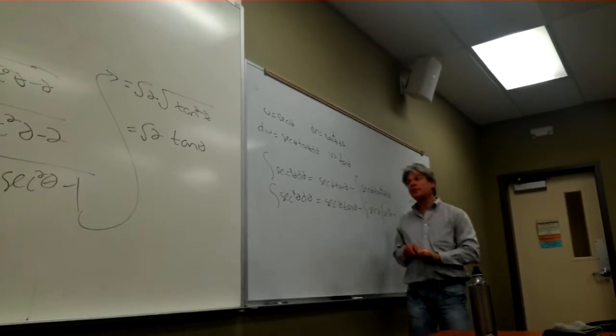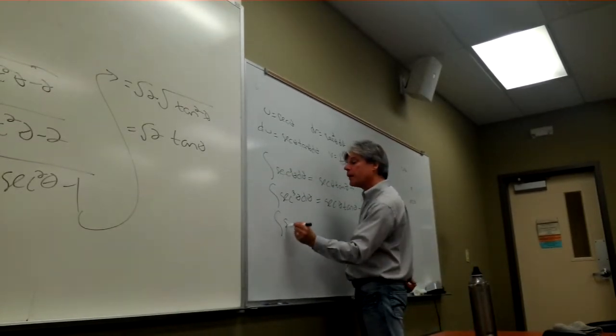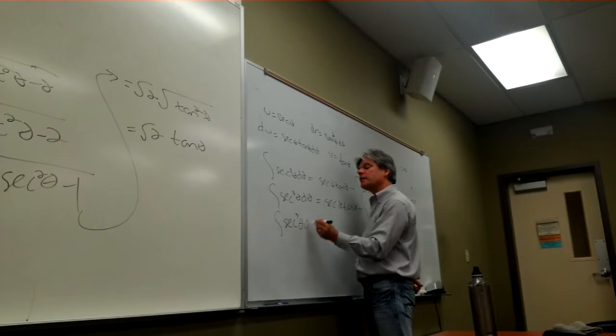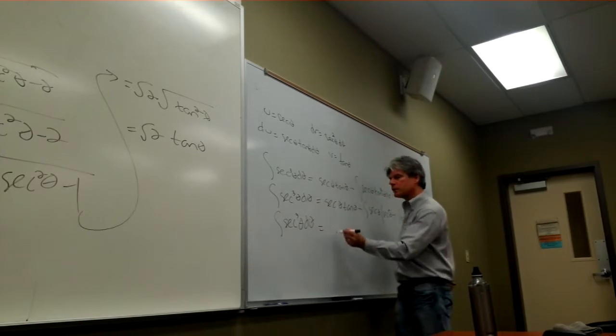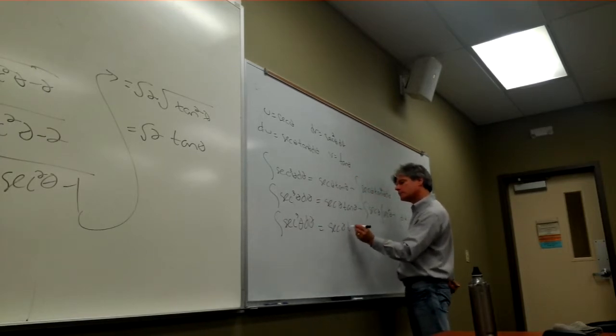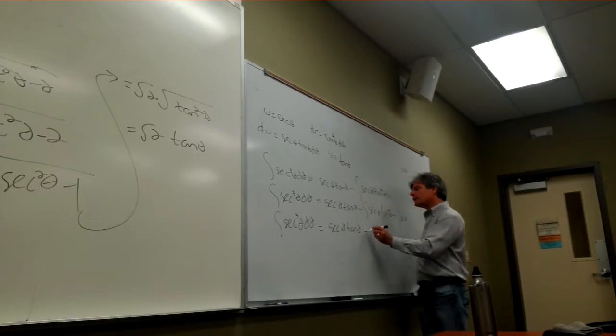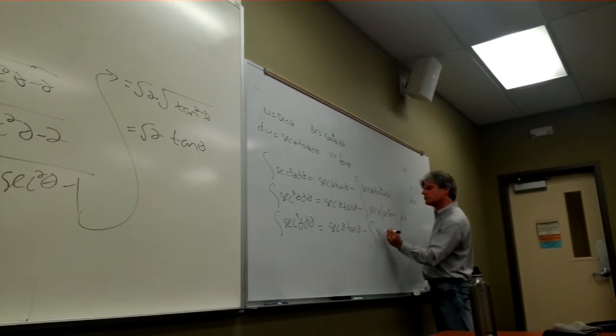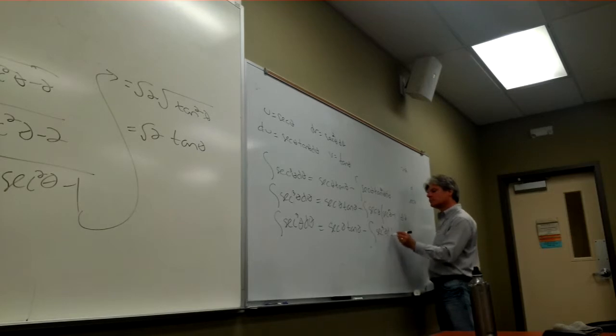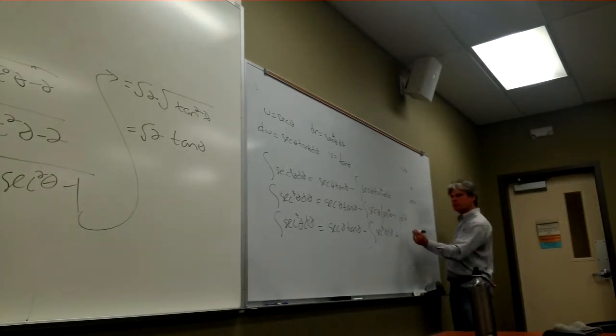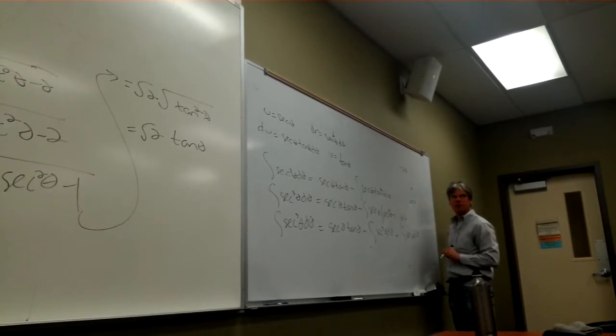Now when I split that last integral up into two other integrals, I see the integral of secant cubed of theta d theta, this first term, minus the next integral, plus the last integral. Do you guys see what's going on?